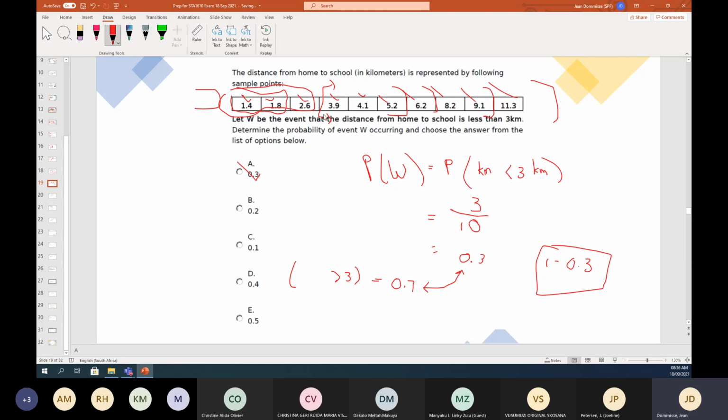The complement is the opposite, so it would be 0.7. And again, you could have worked it out via the table to say, okay, there's 1, 2, 3, 4, 5, 6, 7 values. Or you could have said, if we're looking for the complement, we know the complement rule is 1 minus the probability that we have calculated.